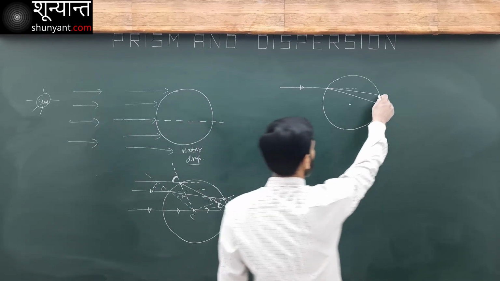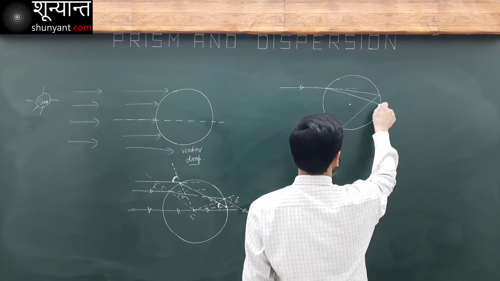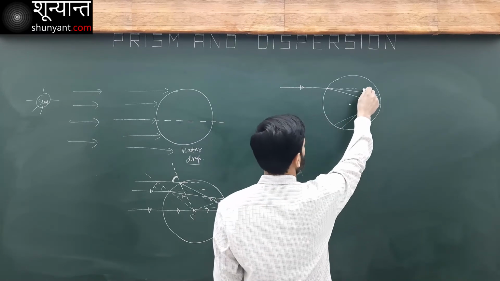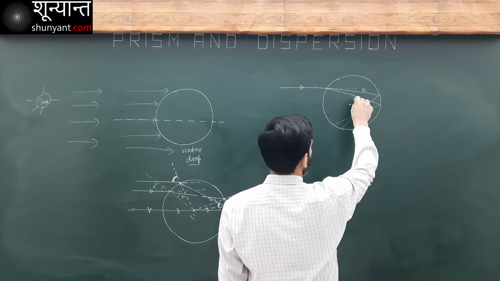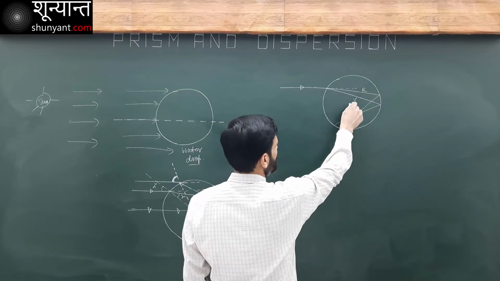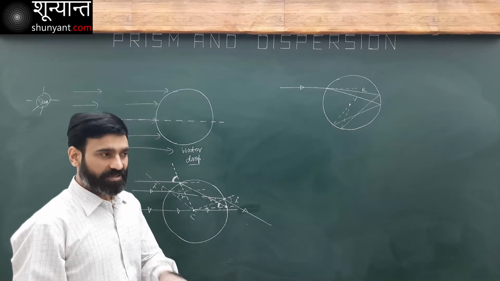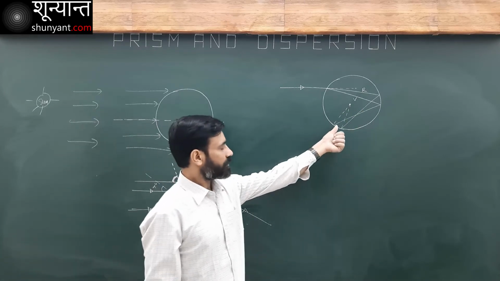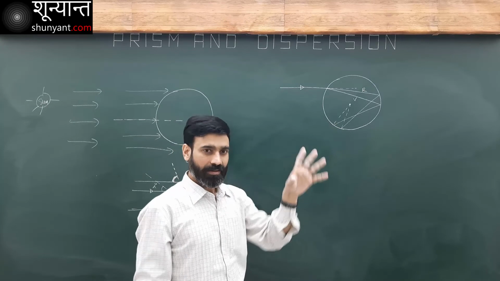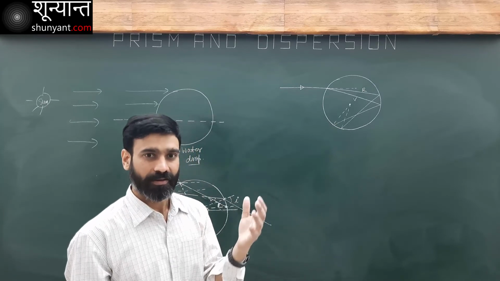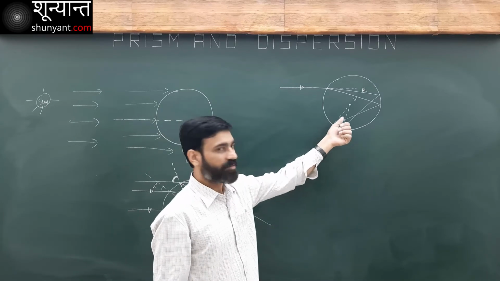Okay? So they are going to be reflected like this. This is my red color, this is violet color. And here, again, this process keeps on happening. At this point also, there will be many light rays for which this angle will be more than the critical angle.